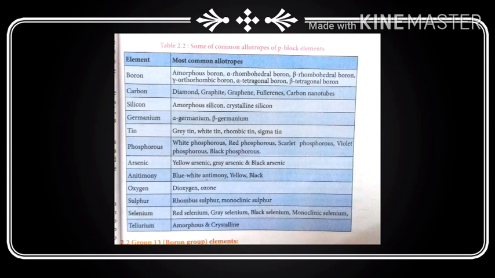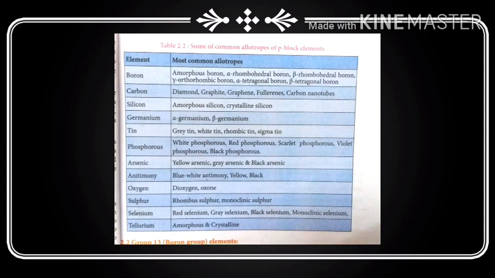Then for silicon, amorphous silicon and crystalline silicon. Germanium: alpha germanium, beta germanium. Tin: grey tin, white tin, rhombic tin, sigma tin. Phosphorus: white phosphorus, already you know, red phosphorus, scarlet phosphorus, violet and black. Arsenic: yellow, grey and black arsenic. Antimony: blue-white antimony, yellow and black.